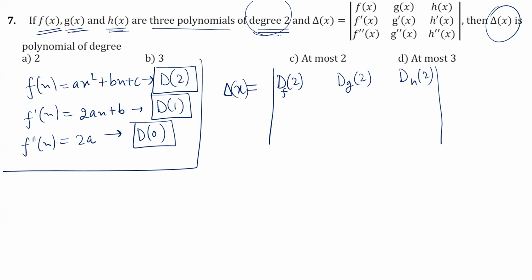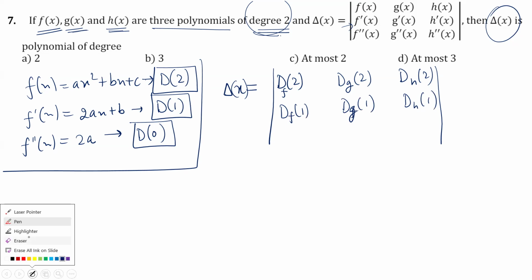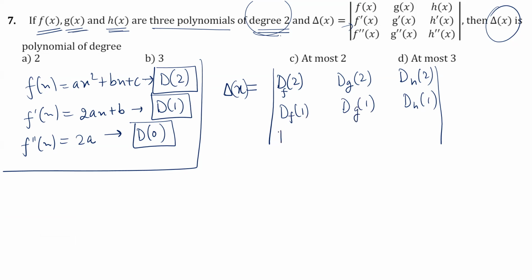So polynomial degree 2. Then if you check the first order derivative, the degree will reduce. So this will be df1, dg1, and dh1. Clear? And then this will be df0, dg0, and dh0.